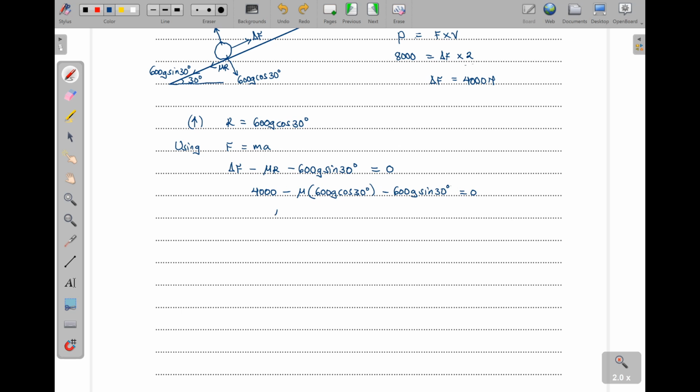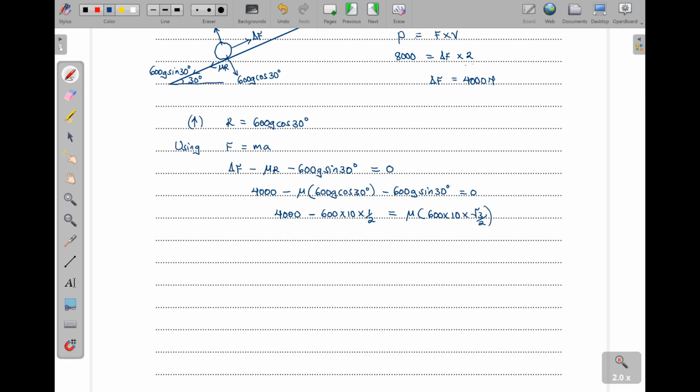Now we shall have 4,000 minus, here we are having 600 times 10 times the sine of 30, which is a half, equal to mu. What is here? This is 600 times 10, then times cos of 30, which is root 3 over 2.